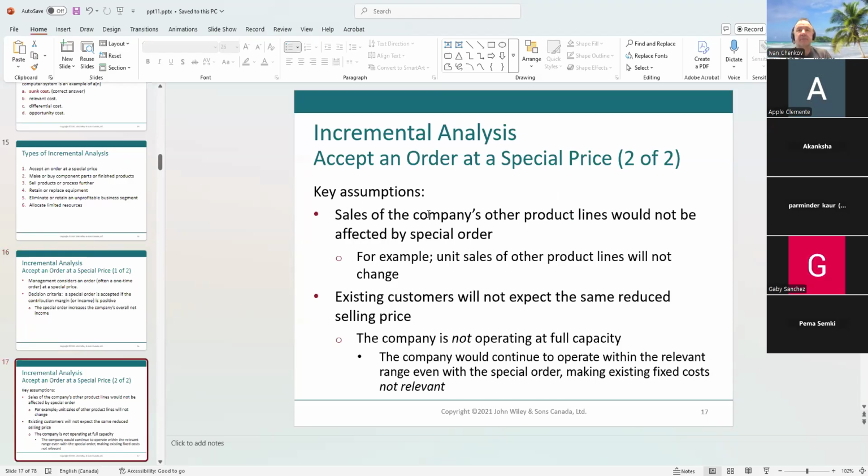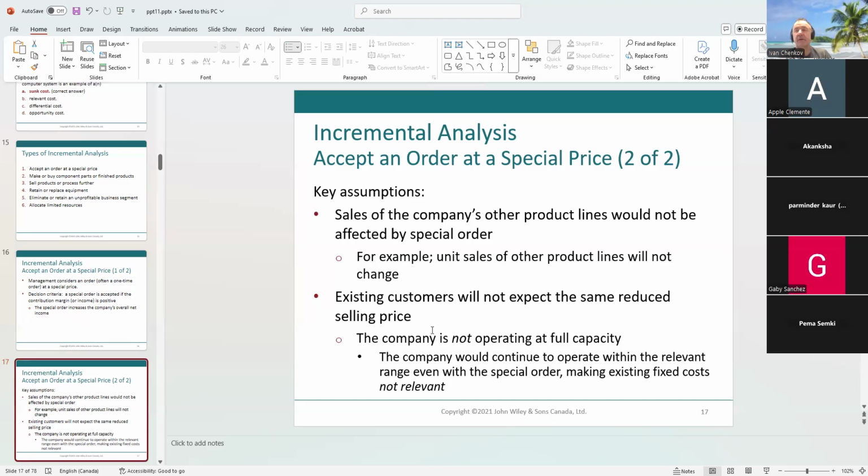Again, the key assumption here is that the special order will not affect the regular sales. The customer will not know about it. And we're going to continue within the relevant range, meaning the company doesn't operate at full capacity.